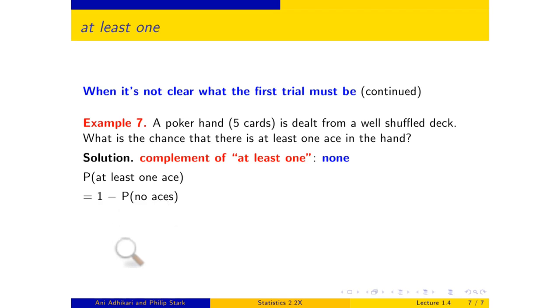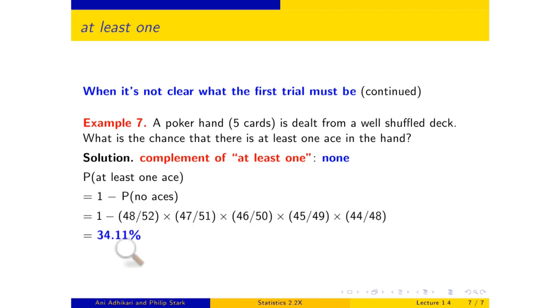I think you have it. Not an ace, and not an ace, and not an ace, and not an ace, and not an ace. Here is your product of fractions. And that's something you can work out, and you have just over a third as your answer.